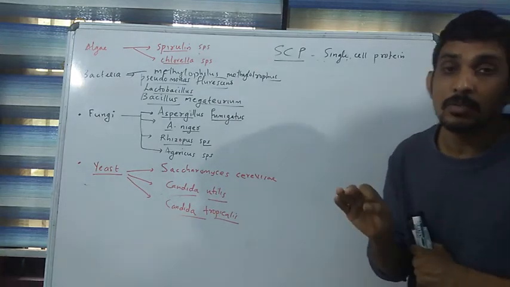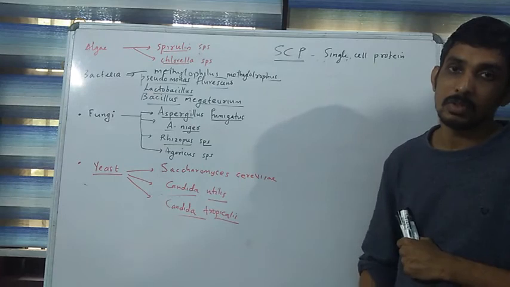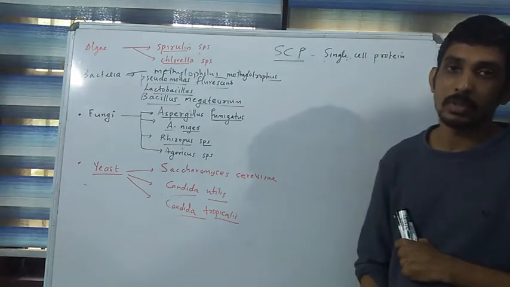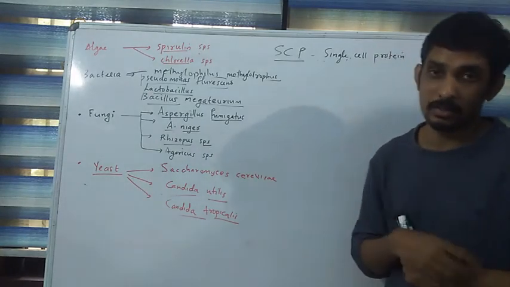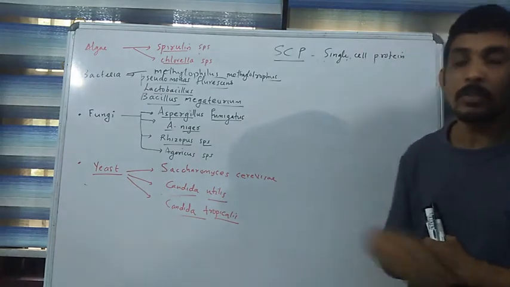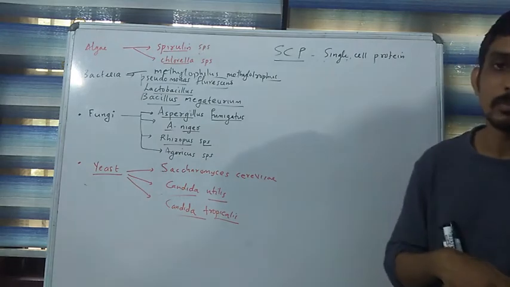And next, we want an agitator system to rotate the medium. And then, we need a pH measuring device. It may simply be a litmus paper, or we can also use a pH electrode, a pH meter.